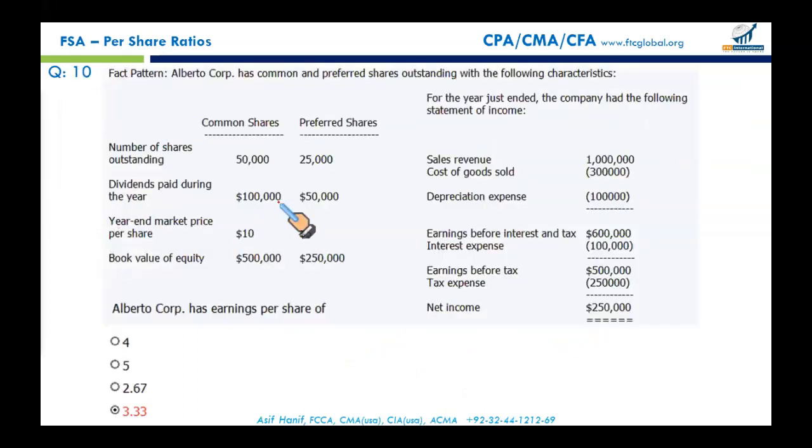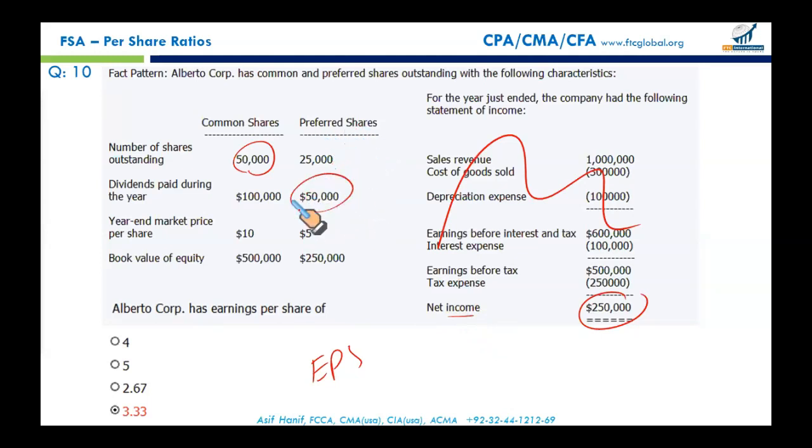Next, read the requirement first. Do not just start reading, you need to see what exactly is needed. Earning per share. We know what we need. We don't need anything from here. We just need net income, and we need the number of common shares. And this is given right here. Is the question about net income? Do we have preferred stock dividend? Yes. What's the number? Right here. Preferred stock 25,000 shares.